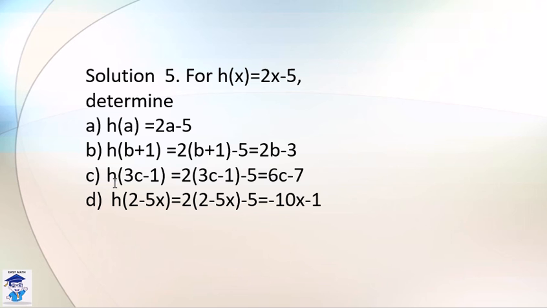Number c, x is 3c minus 1, so the answer is 2 times (3c minus 1) minus 5, so its final answer is 6c minus 7. D, the x is 2 minus 5x, so 2 times (2 minus 5x) minus 5, so it is negative 10x minus 1.